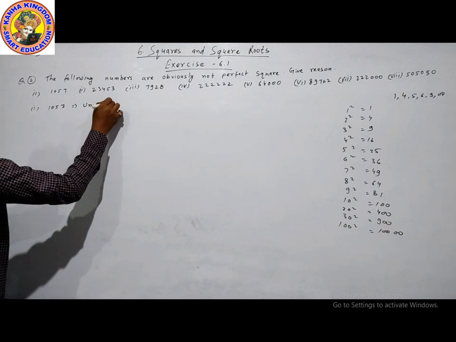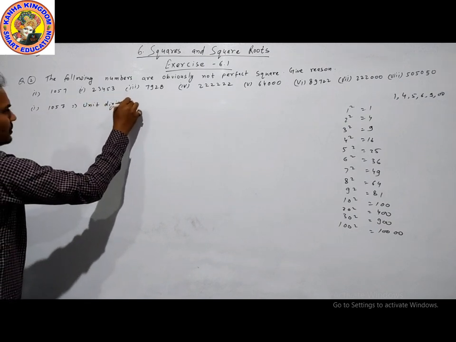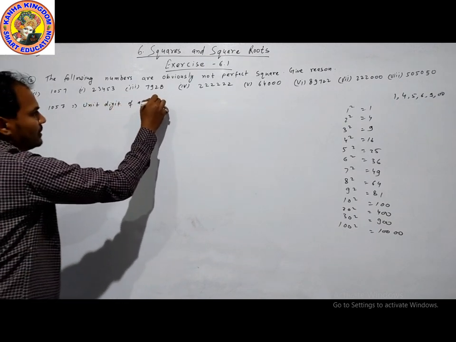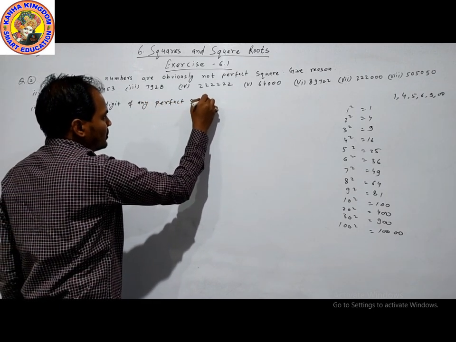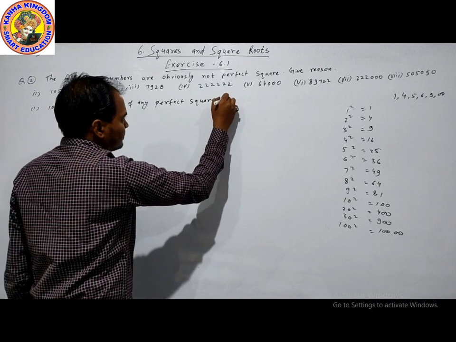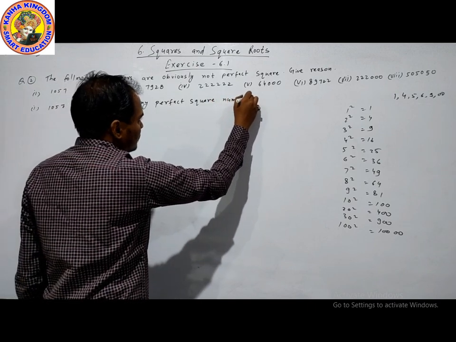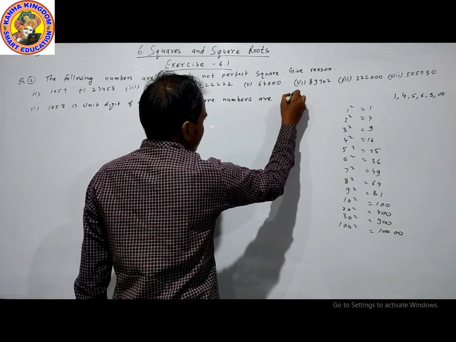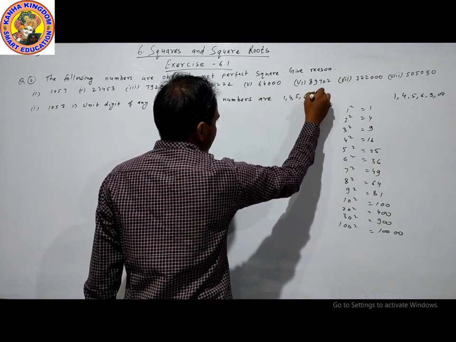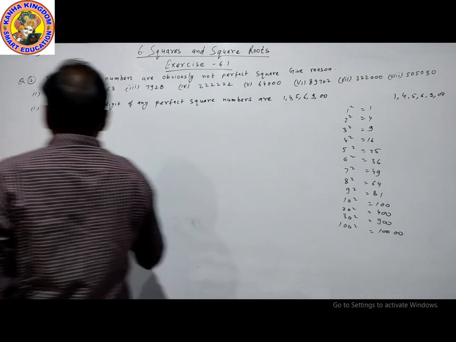Unit digit of any perfect square numbers are 1, 4, 5, 6, 9 and 00.